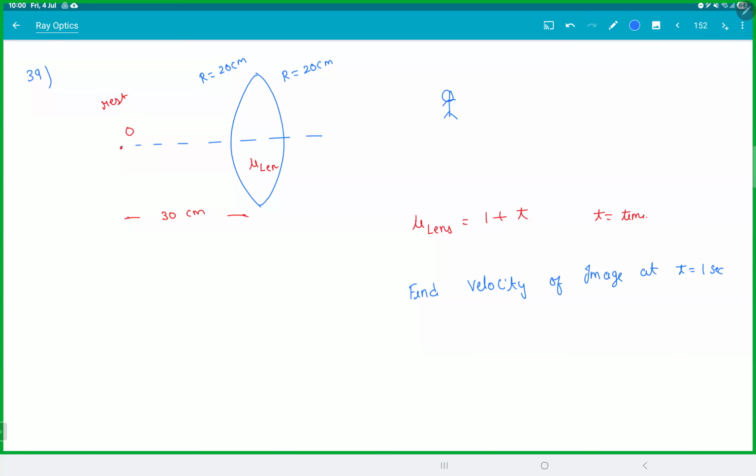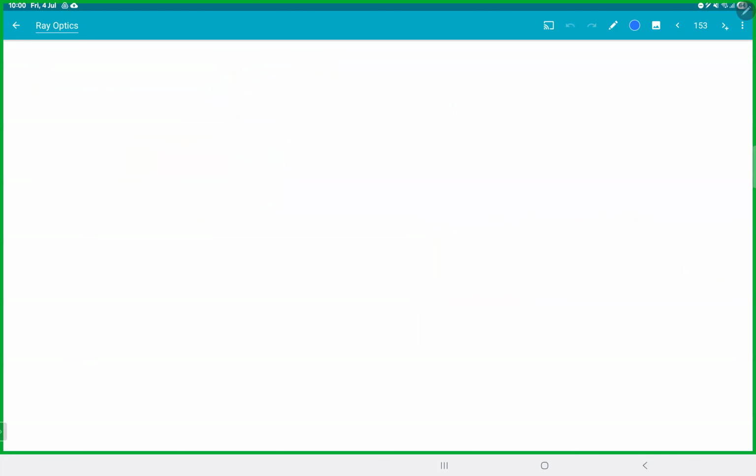Right, Purvaja. What is the sign, plus or minus? Right, Niharika. Just go back to the derivation. Now 1 by v minus 1 by u is 1 by f, same story. Differentiate with respect to time. But this time, let's find the focal length beforehand. We know 1 by f is mu lens by mu medium minus 1, times 1 by r1 minus 1 by r2.